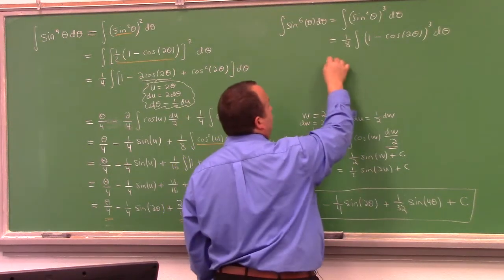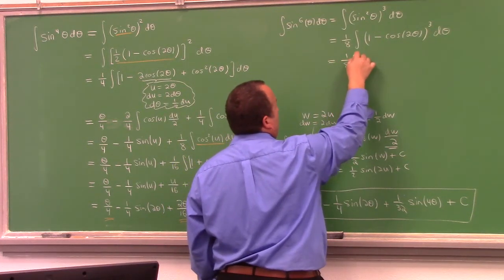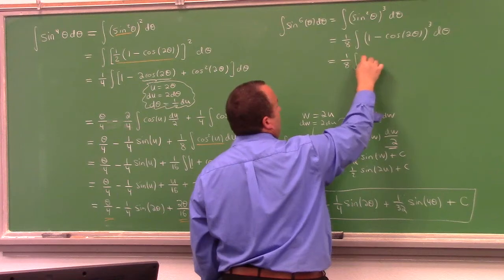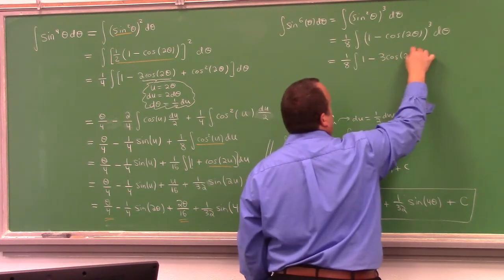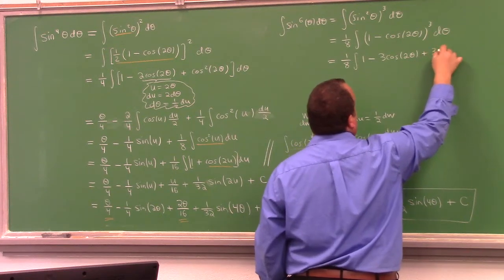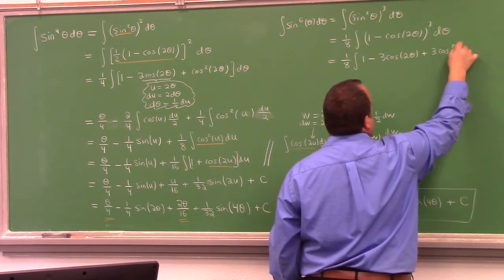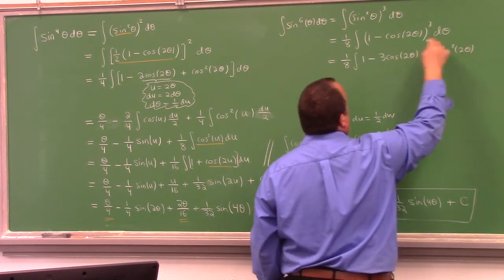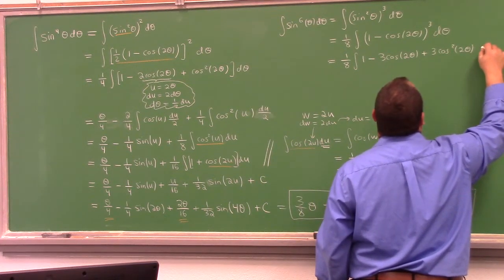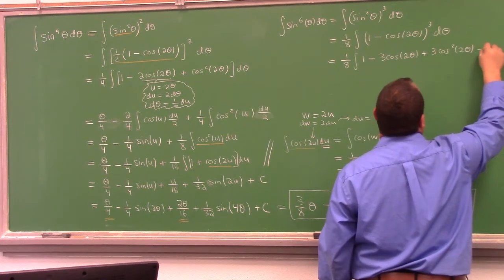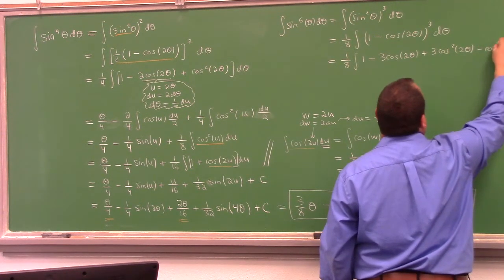And then, well, we know how to cube things, right? That's 1 minus 3 cosine 2 theta plus 3 cosine squared 2 theta minus cosine cubed 2 theta.